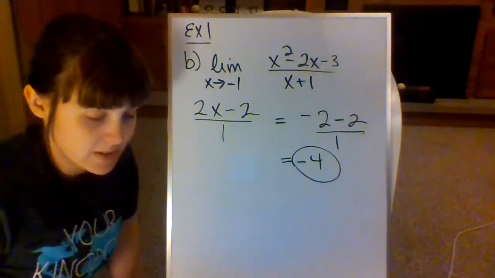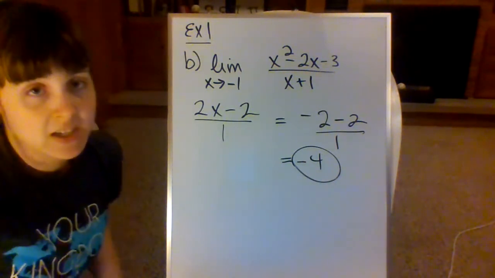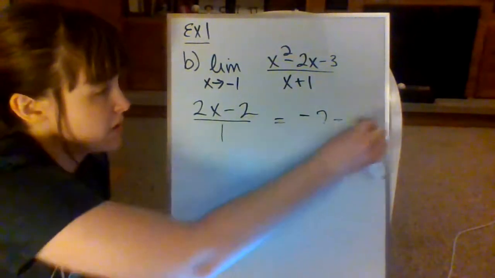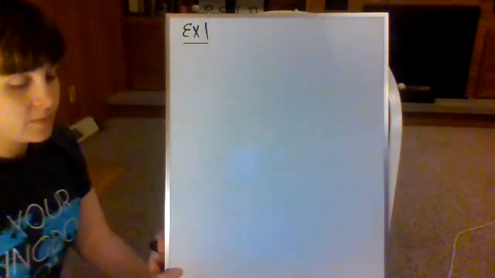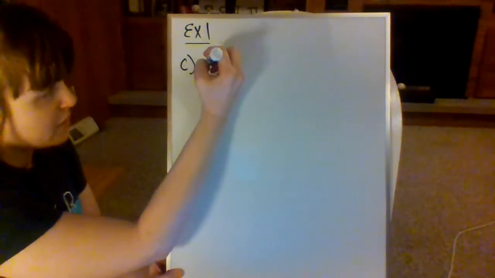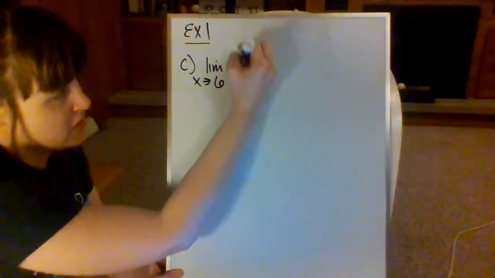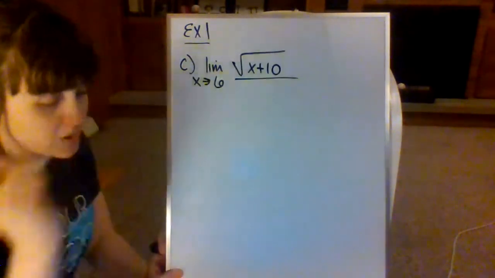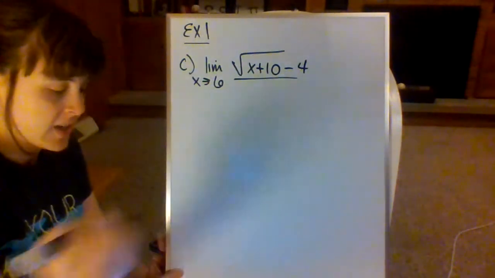Okay, so that's it. Now the next one is going to get a little crazy, but we can handle it. It's okay. So we're finding the limit as x approaches 6 of the square root of x plus 10, minus 4, over x minus 6.